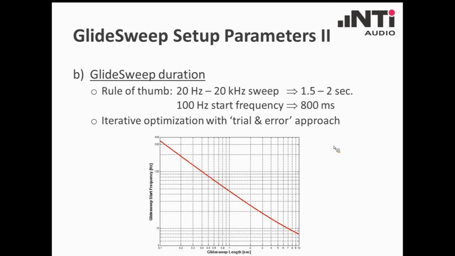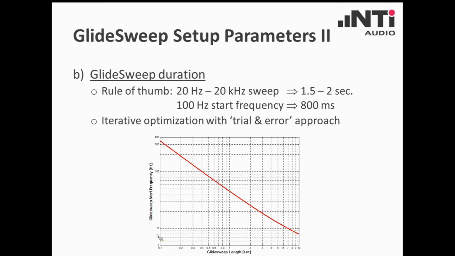I show you here a fundamental graph that gives you an idea that, for instance, the GlideSweep duration strongly depends on the start frequency. The lower frequency of a GlideSweep, the start frequency, plays a key role for the overall duration.